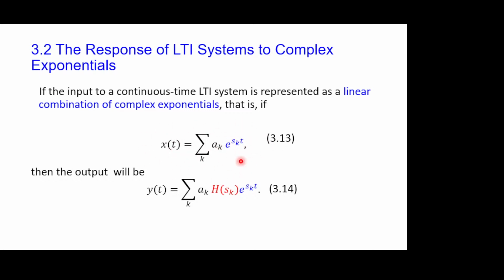So for general x, we want to write it in terms of e to the st. So we write the summation over k with some coefficient ak and e to the skt. If we can write our input in this form, then the output will be very simple.